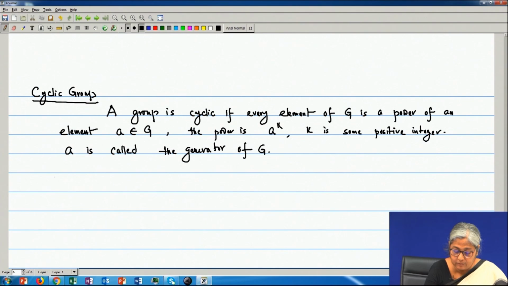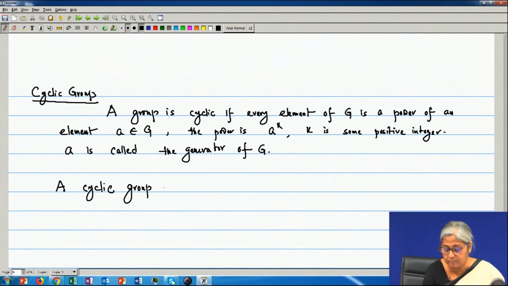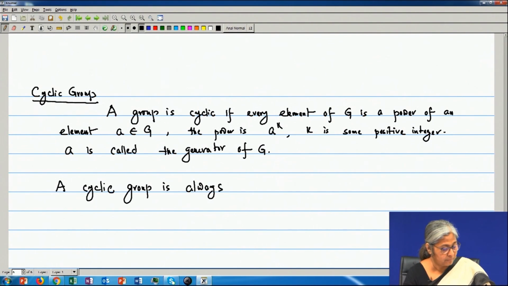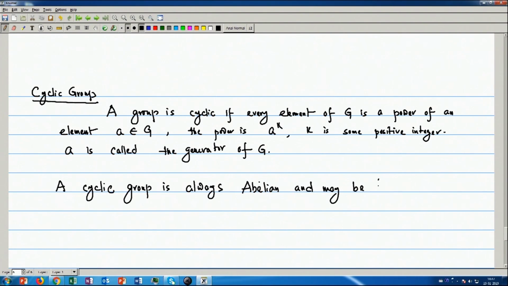Now, a property of a cyclic group, which we have already seen for monoid and is the same here, is that a cyclic group is always commutative in nature, and may be finite or infinite.